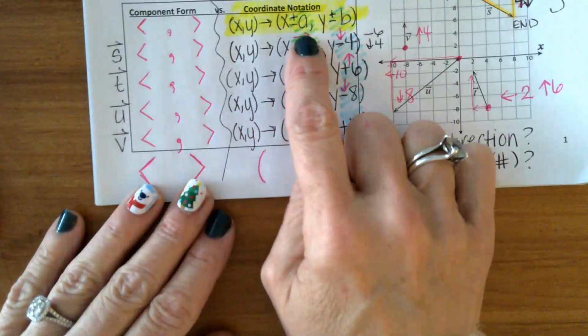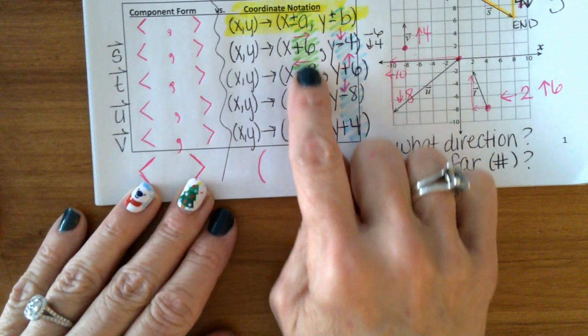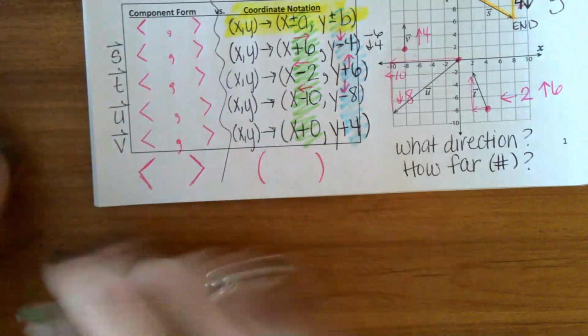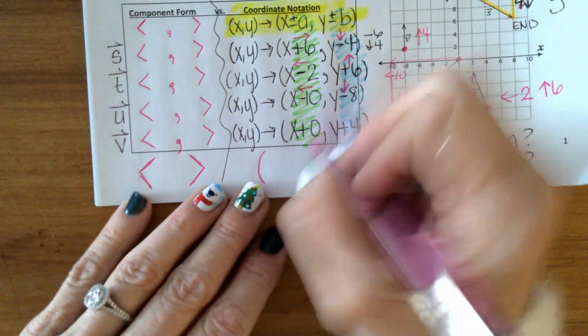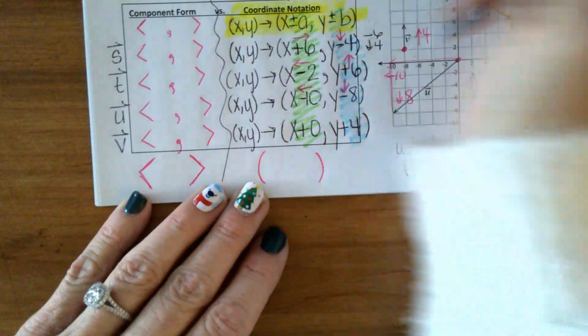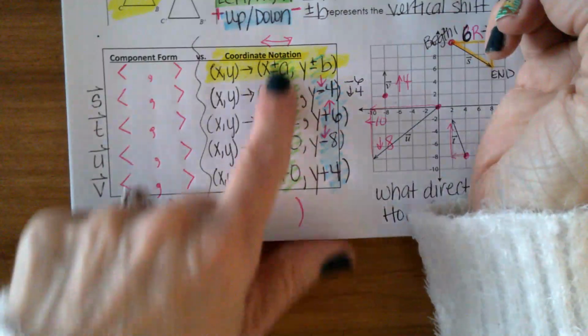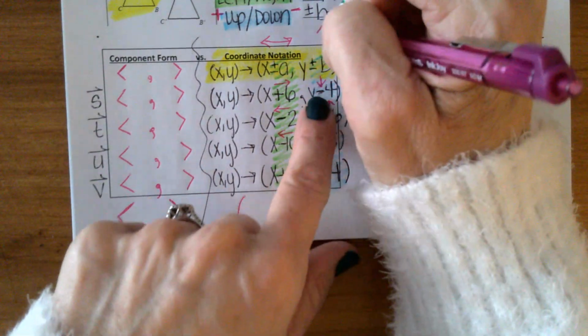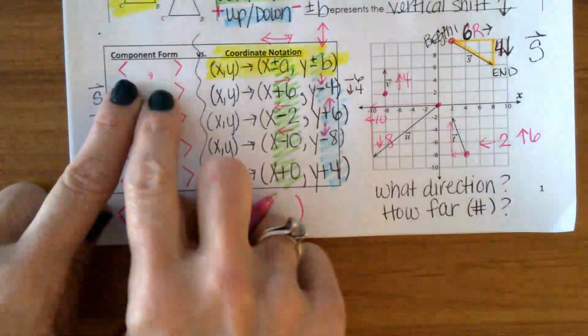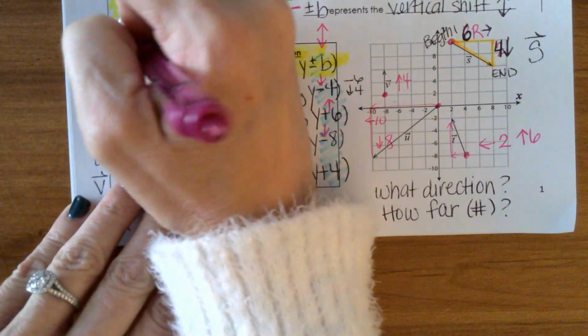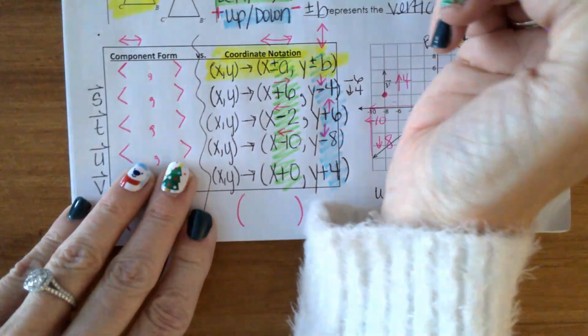Now over here, these numbers that I highlighted in green, those are the numbers that are going left to right, correct? These are the numbers that are going left to right? Yeah. And these are the numbers that are going up and down. Yeah. Okay, well that's what's going to happen over here. The first number is going to be the left or right.